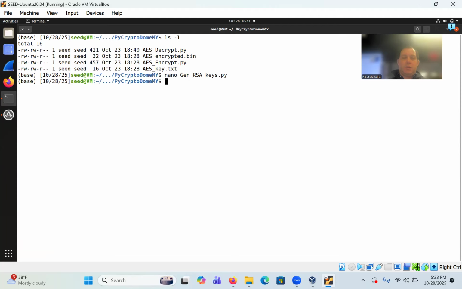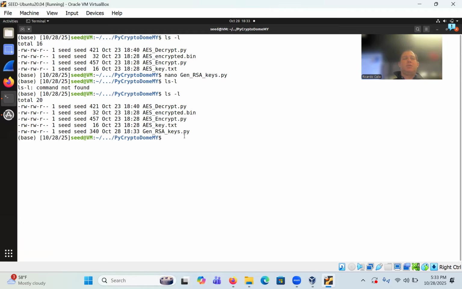All right, so let's do an ls -l here, as you can see, there's no public and private keys yet. So we need to run this. Perfect, right? So no errors, took a bit, as you saw, there was a lag there.